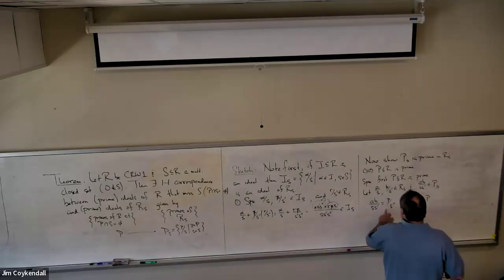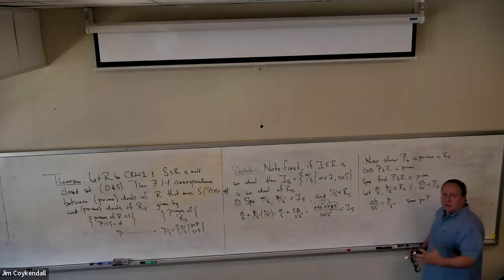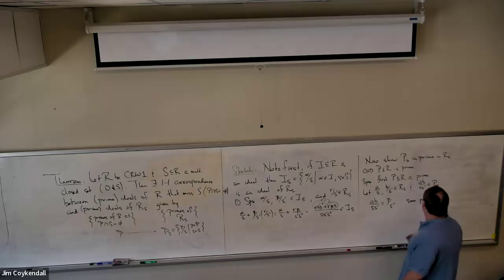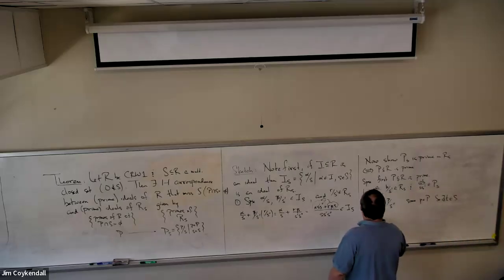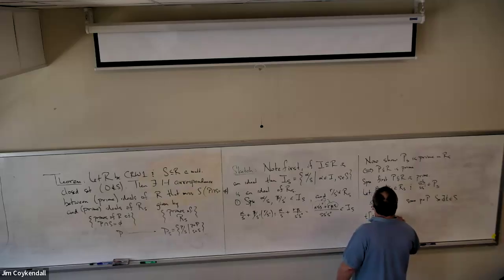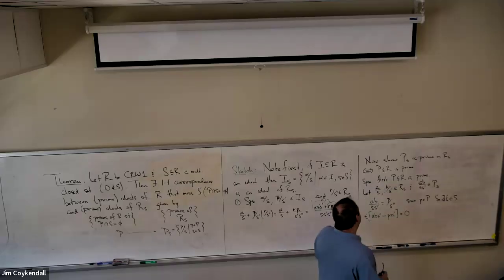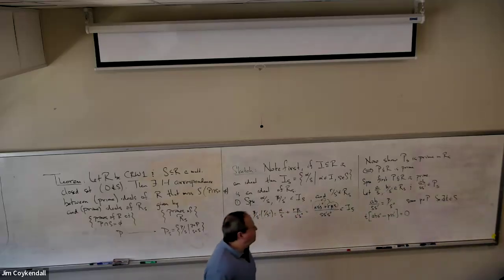Okay, so what does this mean here? I'm going to take the most general definition of this localization. So there exists a t in S such that t times (a b s double prime minus p s s prime) is equal to 0. Right?